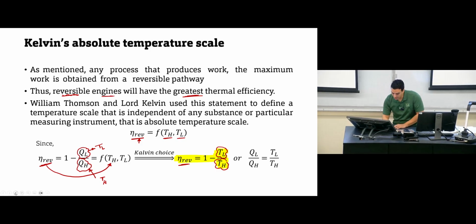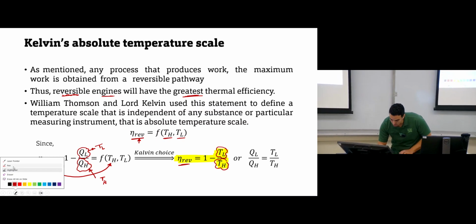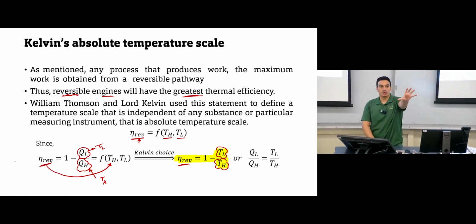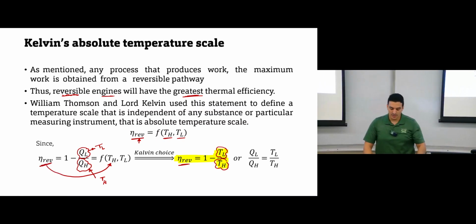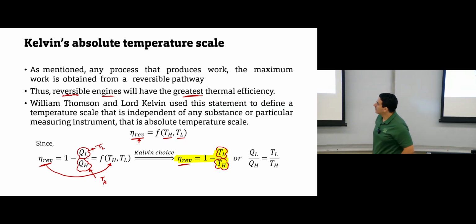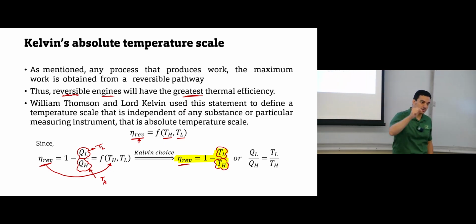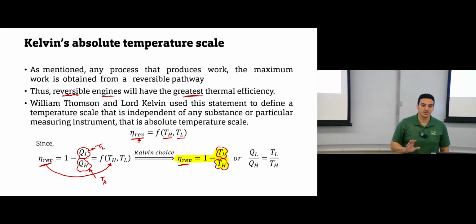So far we have 3 equations to calculate thermal efficiency. The first one is net work divided by QH. The second is 1 minus QL over QH. The third is 1 minus TL over TH.